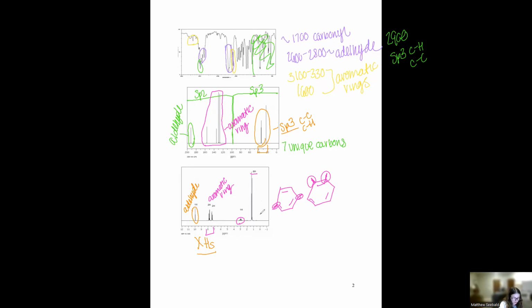With all of this information, we're ready to create our unknown structure. So we know that the aldehyde has no neighboring hydrogens, and typically aldehydes are on the end of the structure. So I'm going to put the aldehyde right next to the benzene ring.